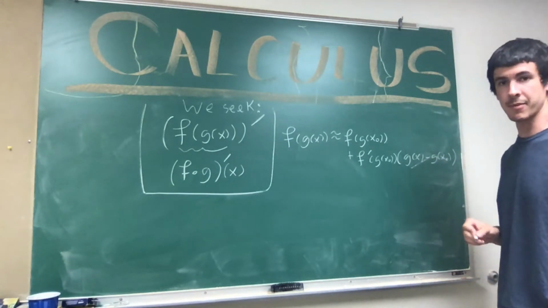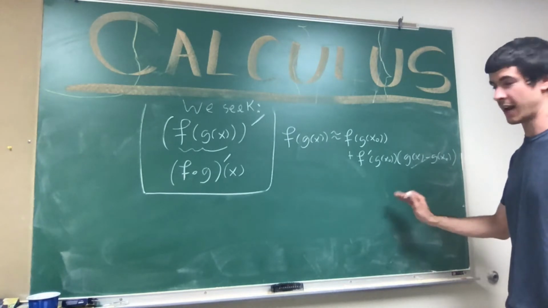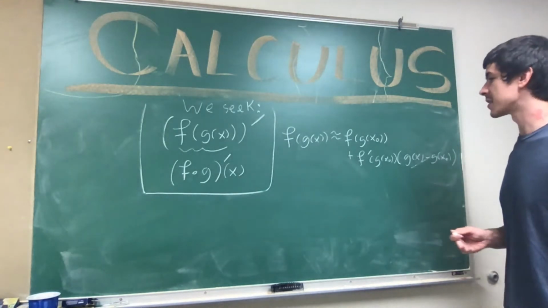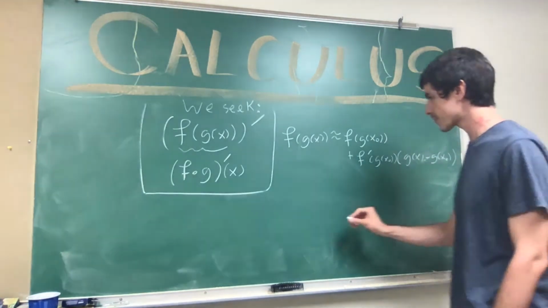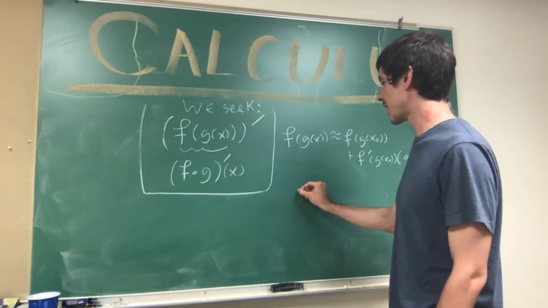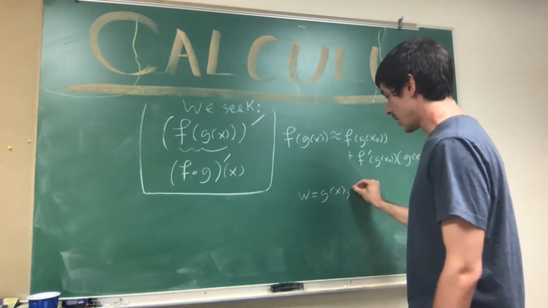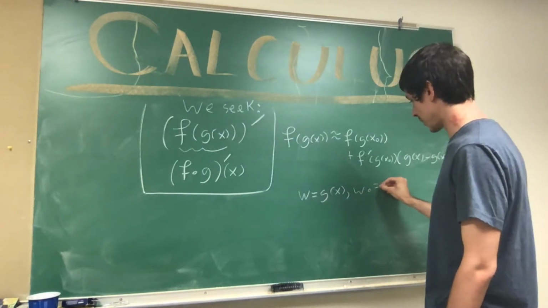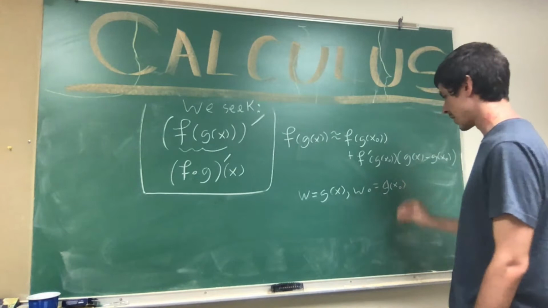Now, some of you might be fully comfortable with what I just said, and many of you might feel like, wait, haven't you just skipped a step? I guess I sort of have skipped a step, because what I'm really doing here can be made more explicit: you can throw in another step of saying w equals g of x, w0 equals g of x0.